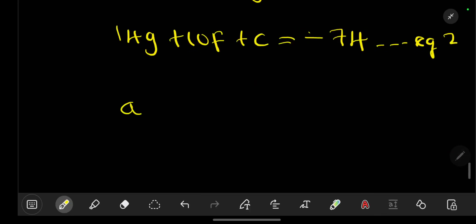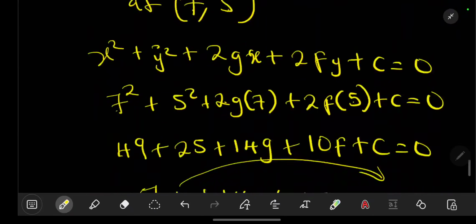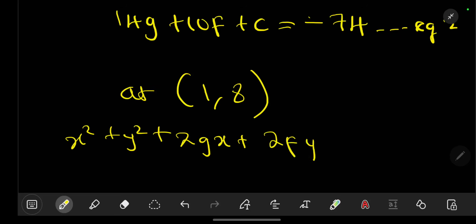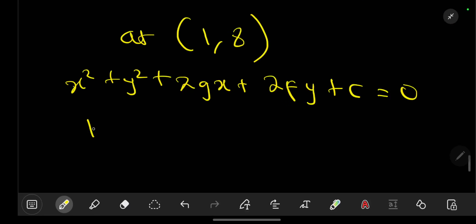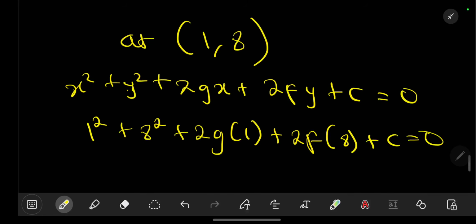For the third equation, we are going to take the last coordinates, which are (1, 8). At (1, 8), for the equation x squared plus y squared plus 2gx plus 2fy plus c equal to 0, we replace: 1 squared plus 8 squared plus 2g, where there is x we have 1, plus 2f, where there is y we put 8, plus c equal to 0.